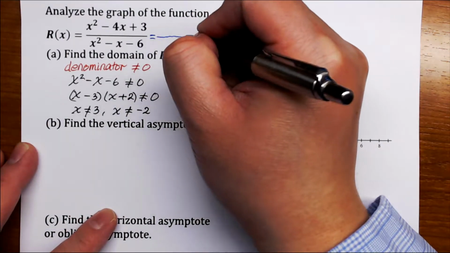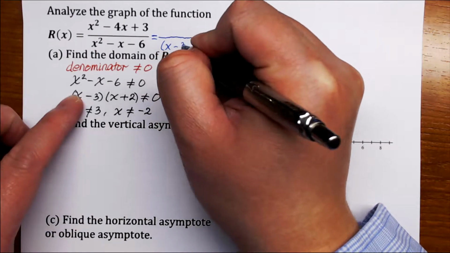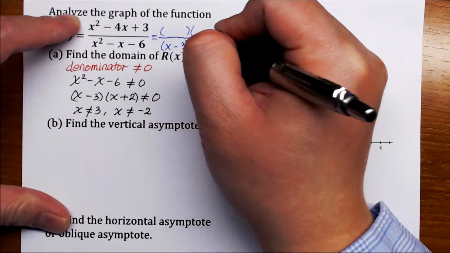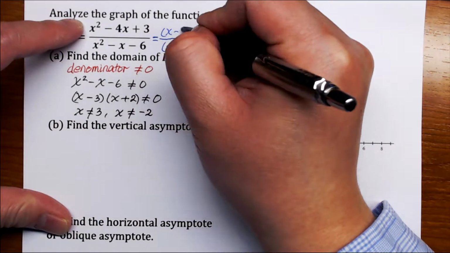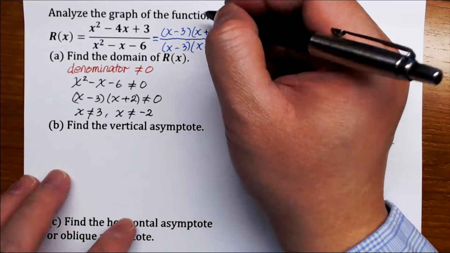We don't need to write that in the interval notation. Right. Next, for the vertical asymptote, we can just go ahead and do it, but potentially there might be something to simplify.